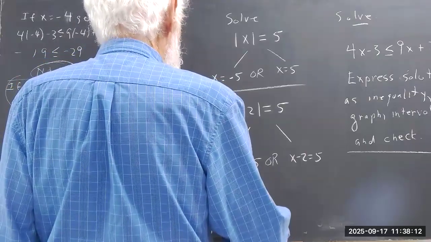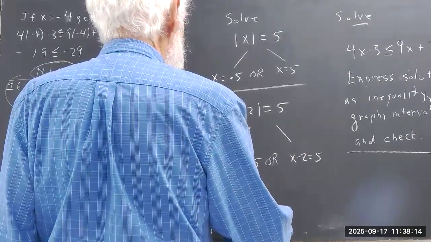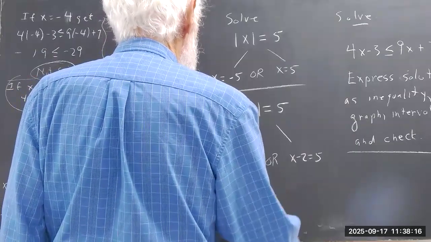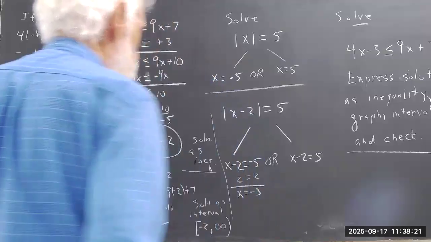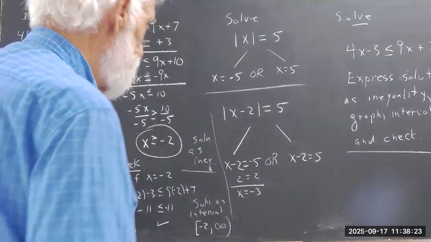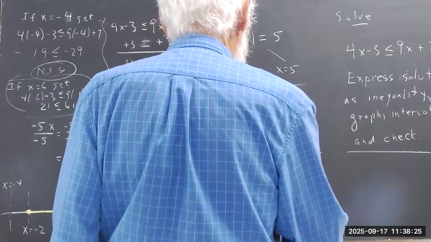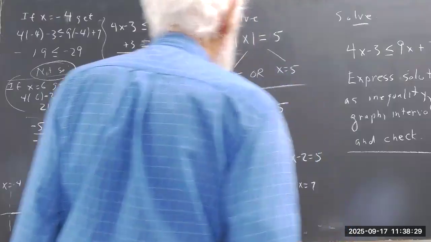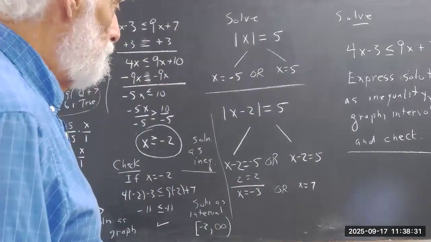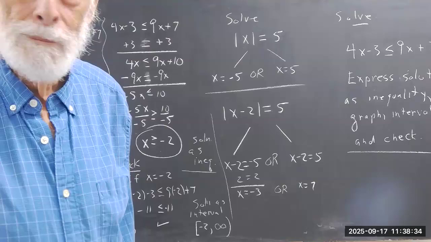Then we add 2 to both sides. And we get x equals -3 here, or x equals 7 over here. That makes sense?